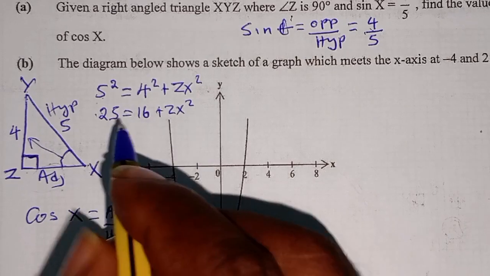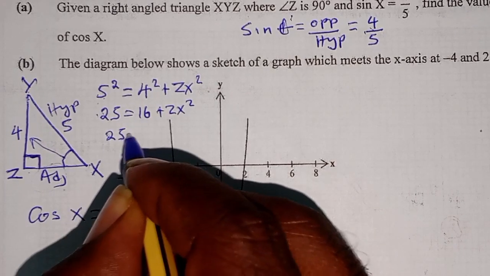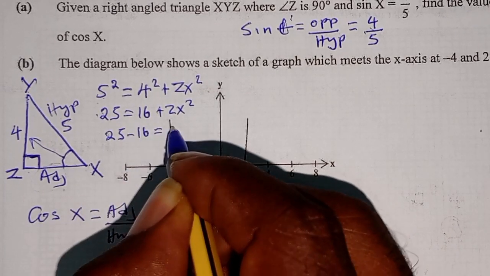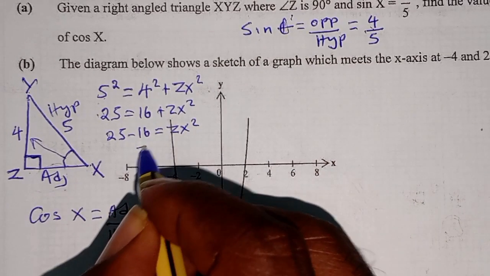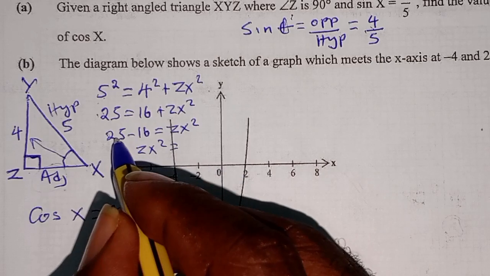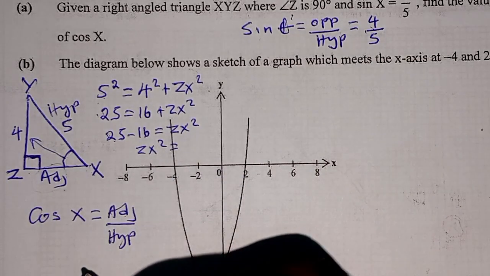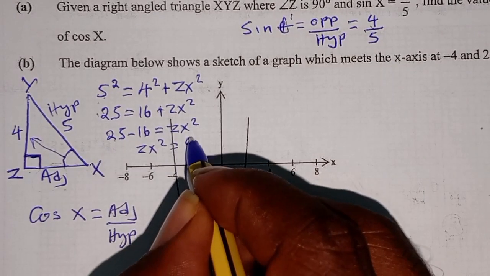This 16 will come to this side, so it will be 25 minus 16, which is zx squared. So zx squared equals 25 minus 16, which is 9.